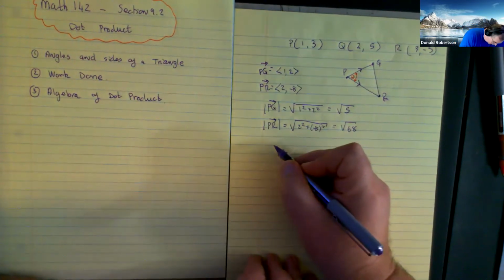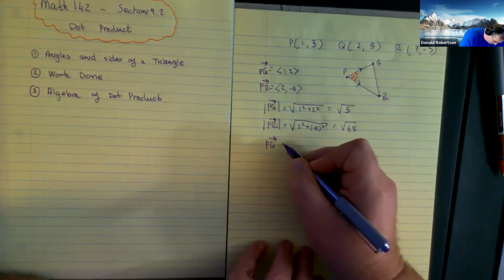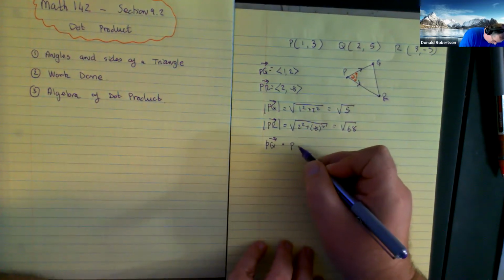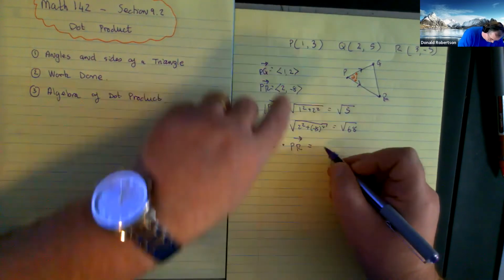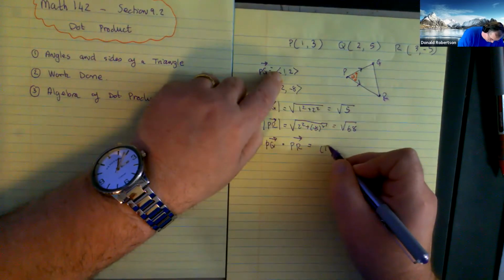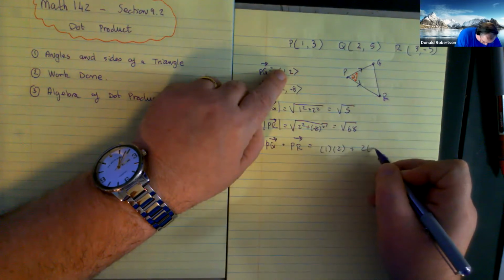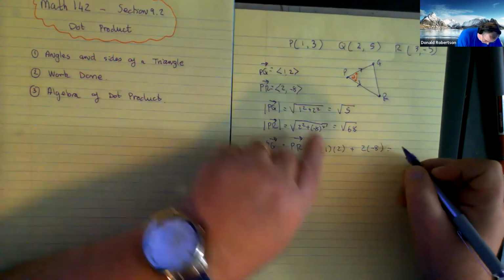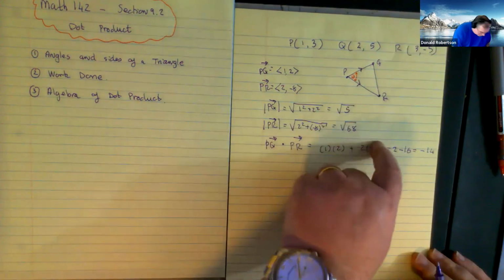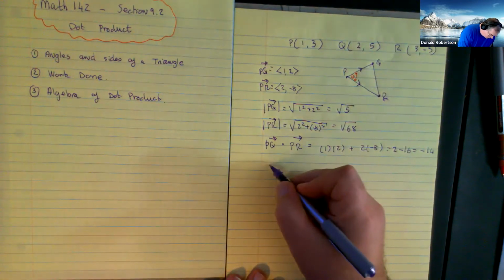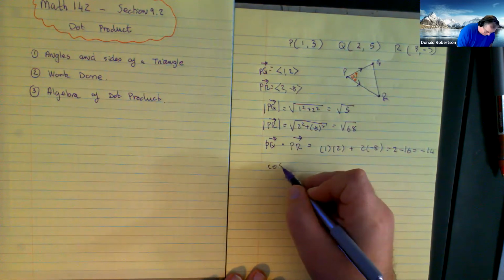If we do the dot product of PQ and PR, we will get 1 times 2 plus 2 times -8, which is 2 take away 16, which is -14. So that's us got all the pieces. We can now calculate the cosine of theta.